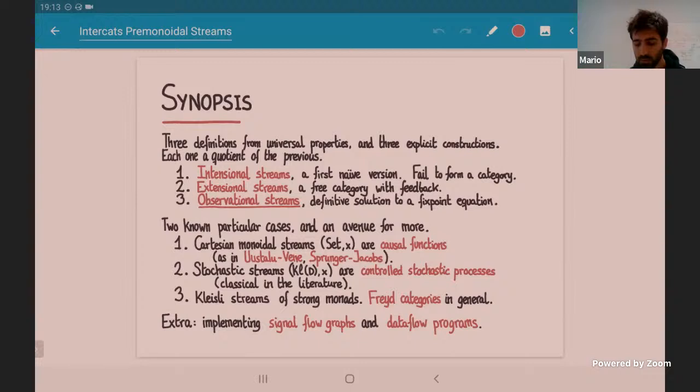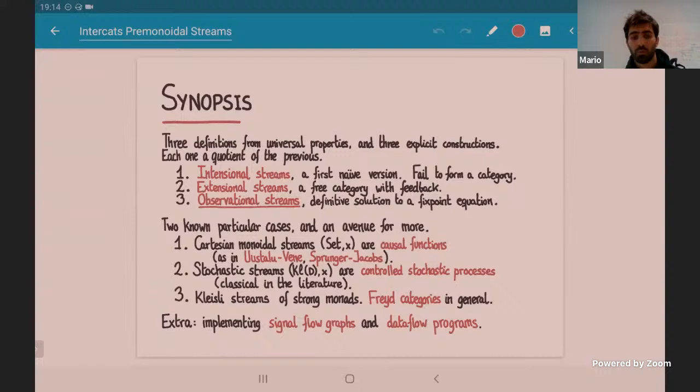So I'm going to explain what categories with feedback are. And finally, we're going to quotient that further and get this definitive notion of observational streams, which are the ones that we are going to take as our definition of monoidal streams. And this can be shown to be the universal solution to a fixed point equation. That's the universal property that we have for them. So we have two known cases, which are the classical ones.